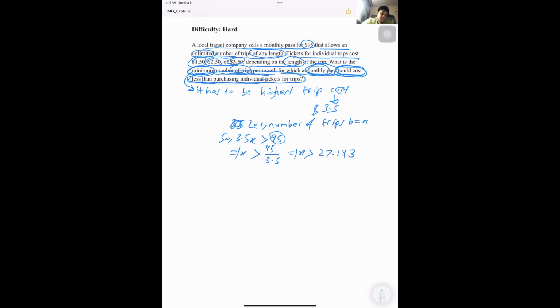Since trips cannot be a fraction, the next integer is 28, so x equals 28. That is the minimum number of trips per month for which a monthly pass could cost less.